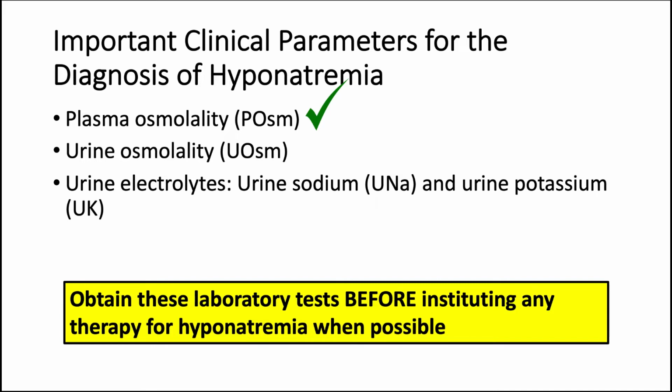So unless the patient is having symptomatic hyponatremia requiring hypertonic saline, the patients really don't need any IV fluids. And you should try to talk to your ER colleagues about not giving fluids to anybody with hyponatremia unless they need it, because they're going to alter the interpretation of these parameters.